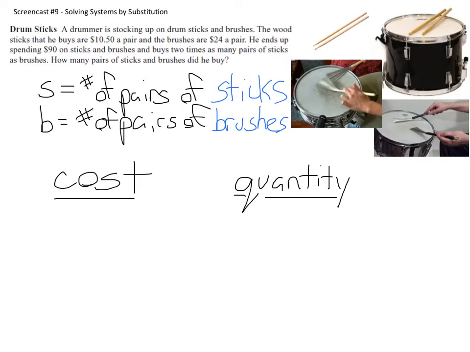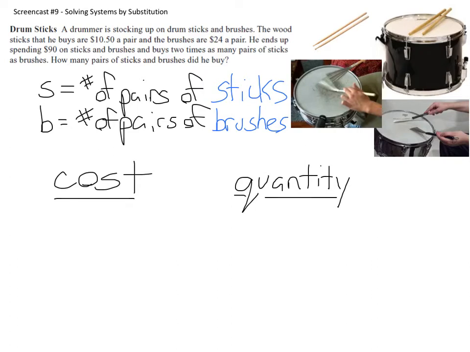In other words, all the money that's being passed back and forth in this situation, in this transaction, will be represented with one equation, which we'll set up first, and then a second equation that doesn't represent necessarily the cost, but how many of each item. And the information right in here is all we need. We just need to know how, as good mathematicians, to decipher it into mathematical symbols. And we're going to do that right here, right now.